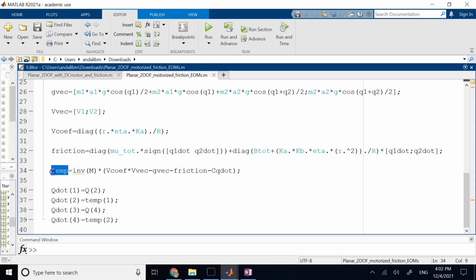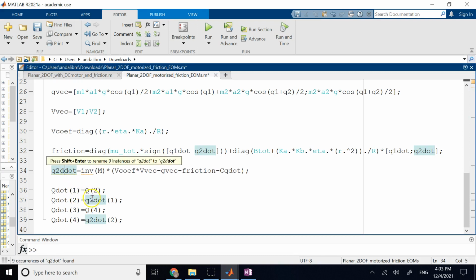If you don't like the word temp, I can change it to Q2 dot. It's not going to change anything, okay? It's just really a naming. The only thing that might be dangerous is you have to make it different from the actual Q2 dot. So I can call it Q double dot, or QDD dot.